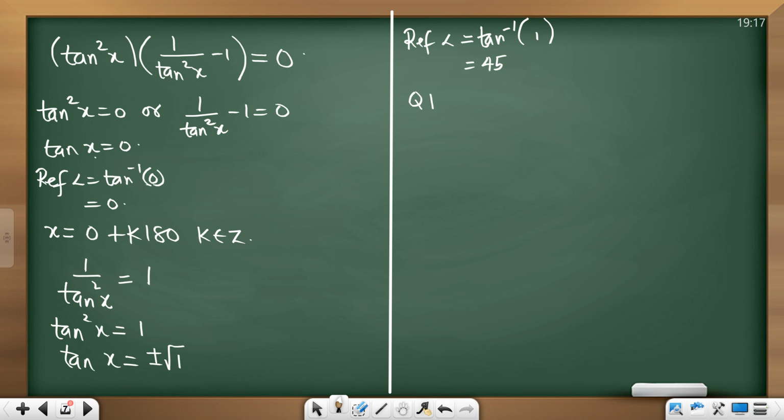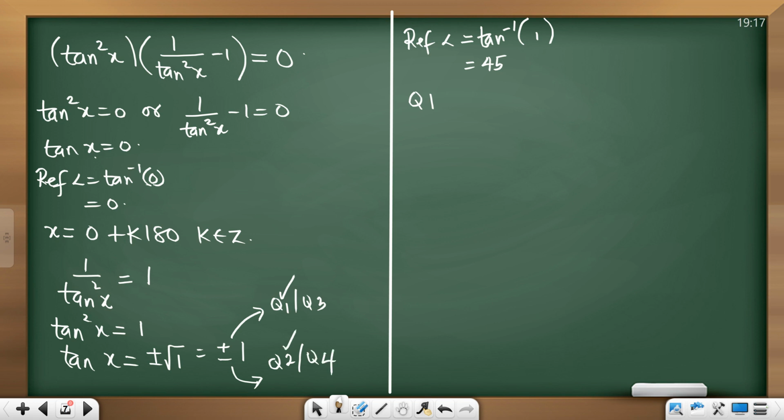Why quadrant 1 and 2? We have plus or minus. So here we're saying plus or minus what? 1. So if we are dealing with plus, it is quadrant 1 and quadrant 3. But we don't need to do both. We do 1. Negative. Where is tan negative? Quadrant 2 and quadrant 4.